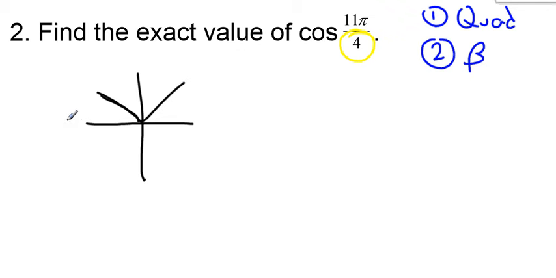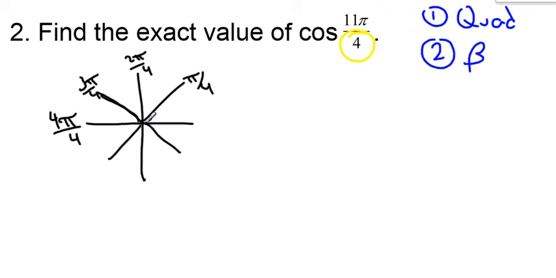Remember, pi is over here. I'll cut it into 1, 2, 3, 4 pieces, and I'm going to call this 4 pi over 4 instead of pi. So here's pi over 4, and 2 pi over 4, and 3 pi over 4, and so on. I'm going to keep dividing it, and I want to figure out where 11 pi over 4 is.